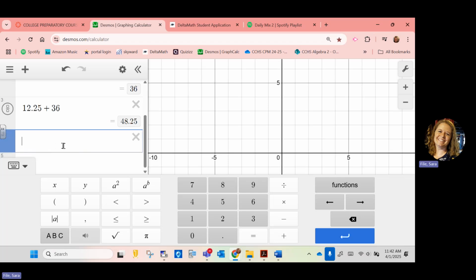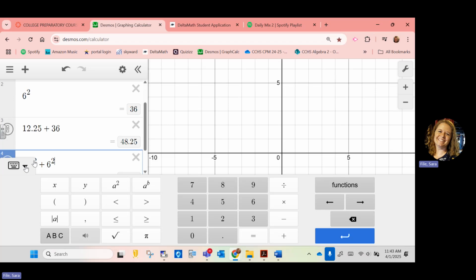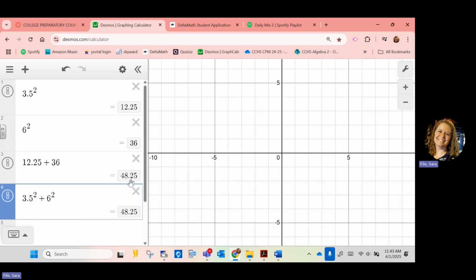You could enter it all at once as 3.5 squared. Make sure you get out of the exponent, plus 6 squared. And get the same thing. So you can do it all in one line here, or you can do it step by step. It gets you to the same 48.25.